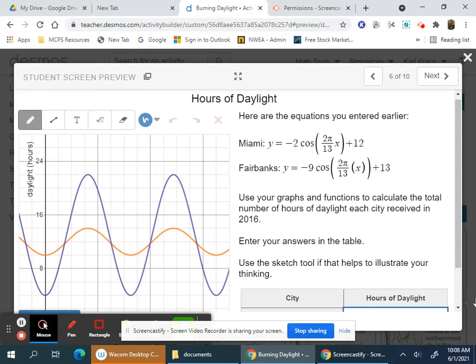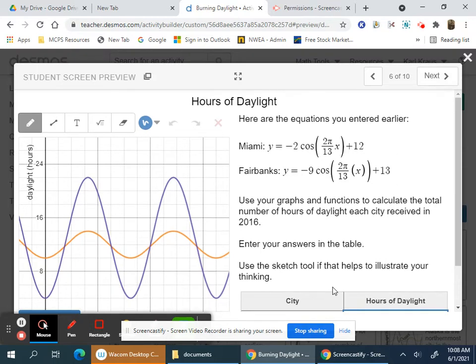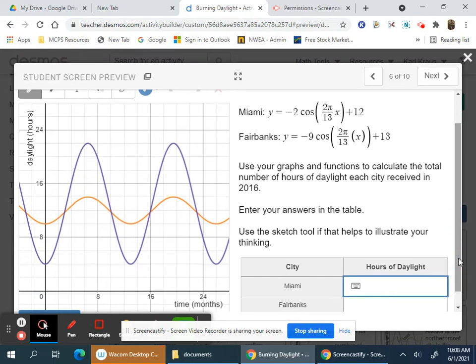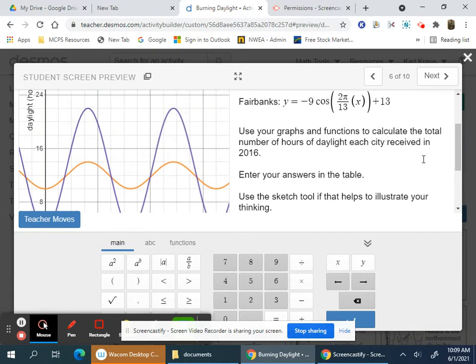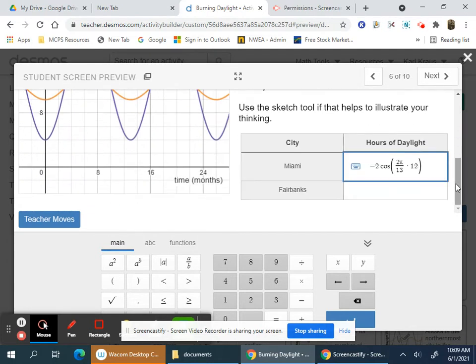So for Miami, in 12 months: negative 2 cosine of 2 pi over 13 times 12 months, and then plus 12.